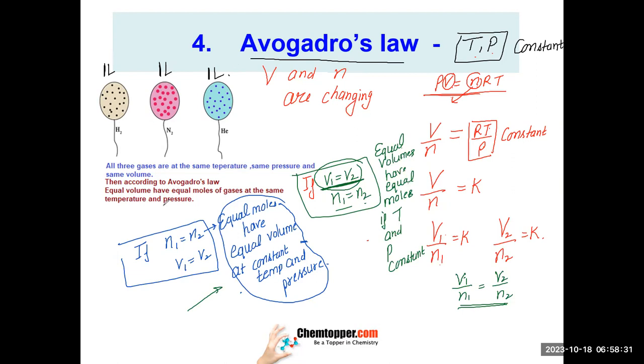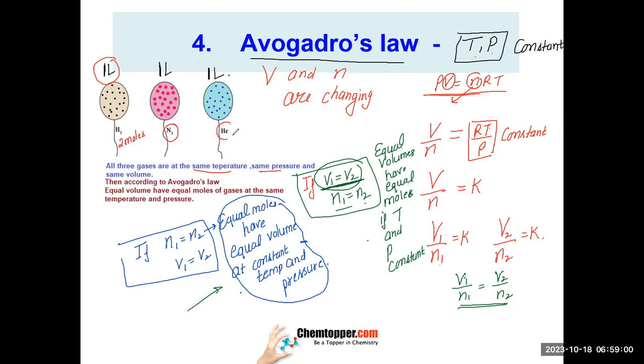From my side, you should be able to answer it now. If I say there are 2 moles of nitrogen in this 1 liter balloon, and all the 3 balloons are at the same temperature and pressure, then how many moles of N2 are there?